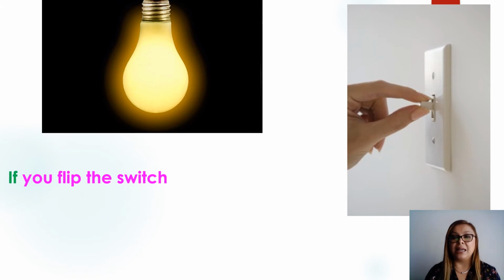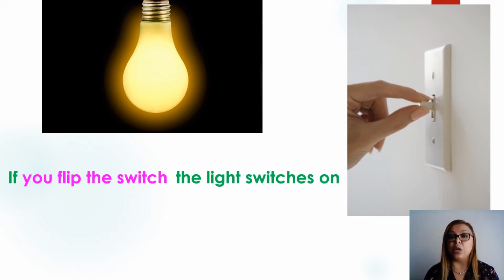Okay, the third example that I have here, el tercer ejemplo que tengo aquí. Vemos una mano que va a cambiar de encendido a apagado la luz. So, if you flip the switch, what happens? Si usted cambia, si usted pasa el switch o el interruptor, ¿qué va a pasar?